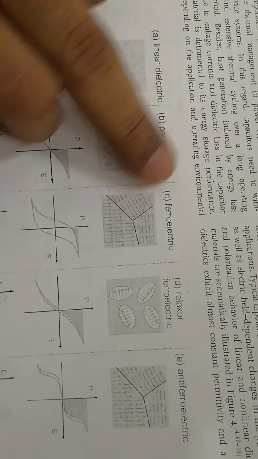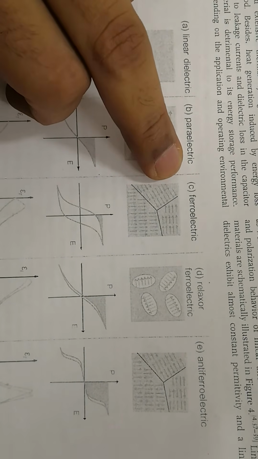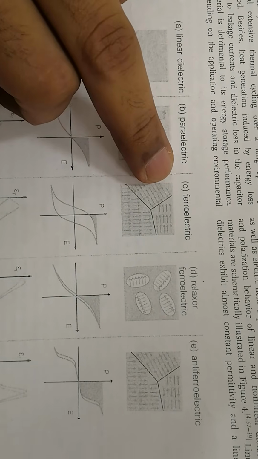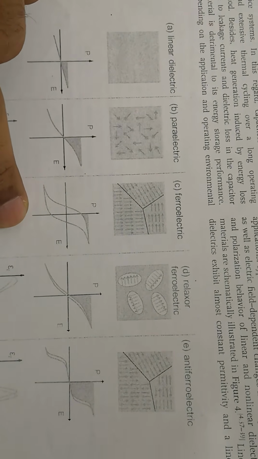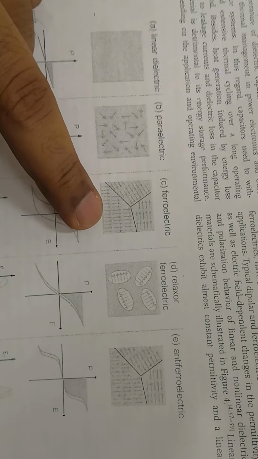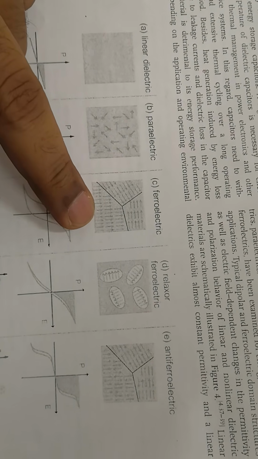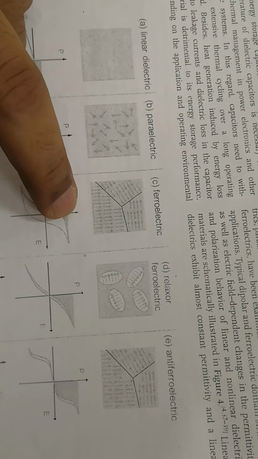Basically, the existence of domains in a ferroelectric material gives us this kind of PE loop. So what is a domain? It is a region in a ferroelectric material in which the directions of all the dipoles are the same.